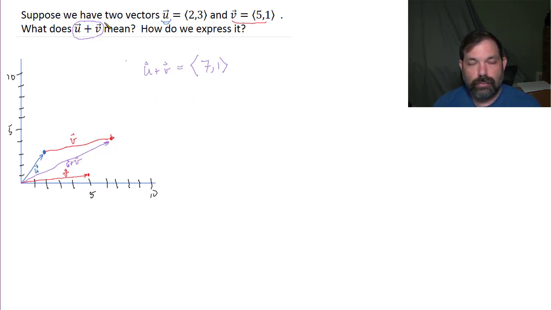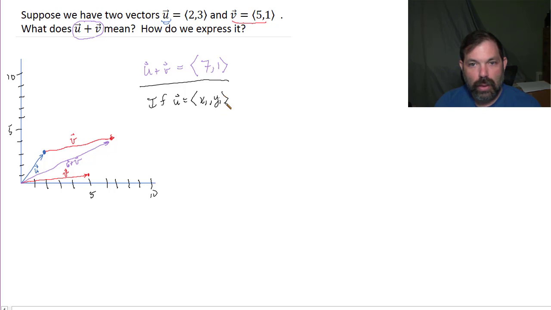So in general, we are allowed to add vectors algebraically. If u is the vector x1, y1, and v is the vector x2, y2, then the u vector plus the v vector, we simply add the components: x1 plus x2, y1 plus y2.